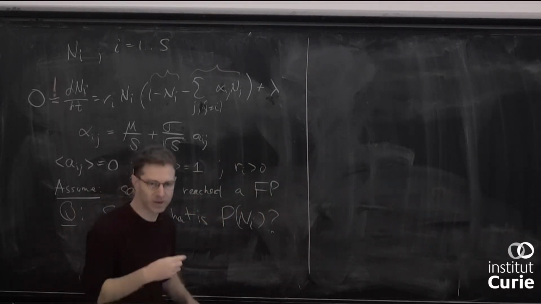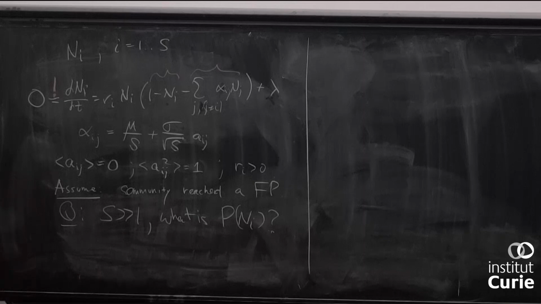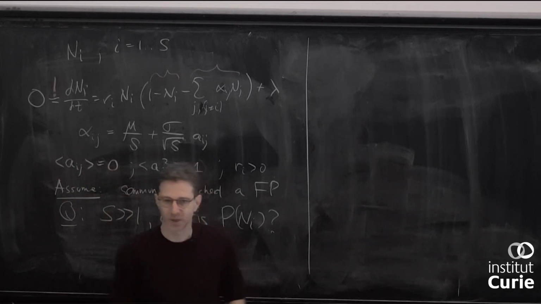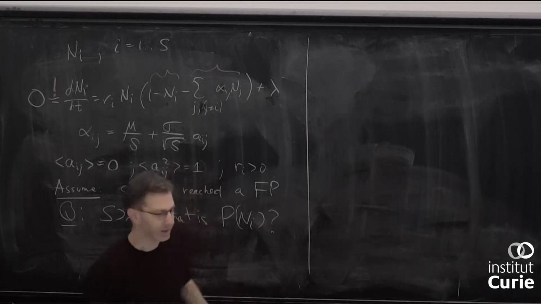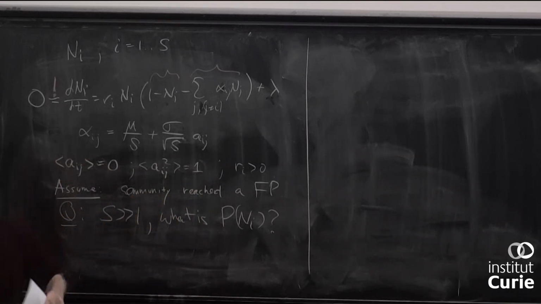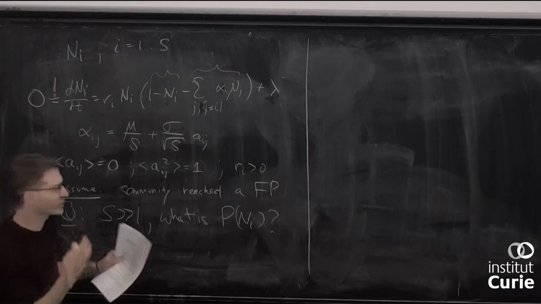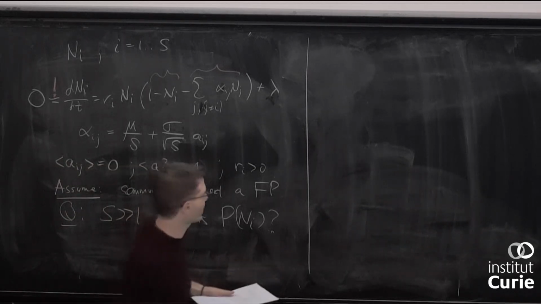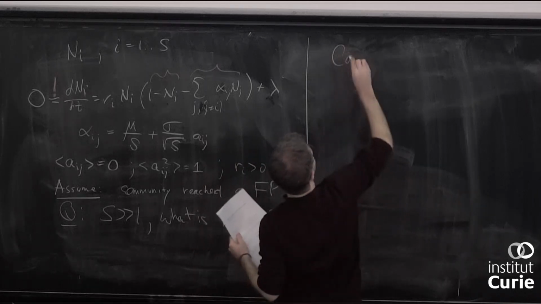What I'm going to do now, the trick or the technique I'm going to use, is something that goes by many names. One of them is the cavity method. And I want to give you absolutely the simplest version of it, just to give you an idea how this thing works.